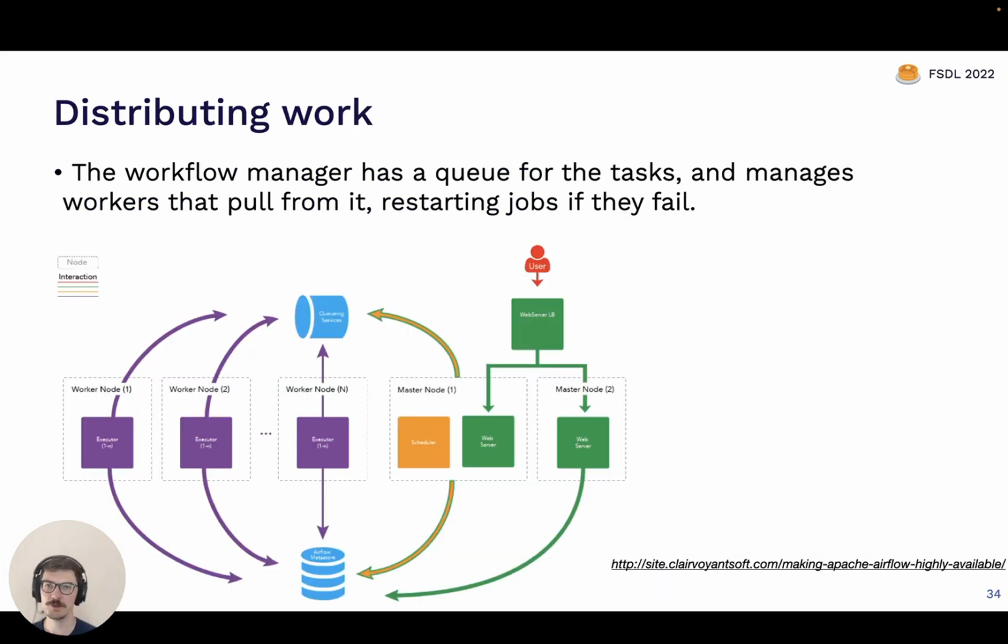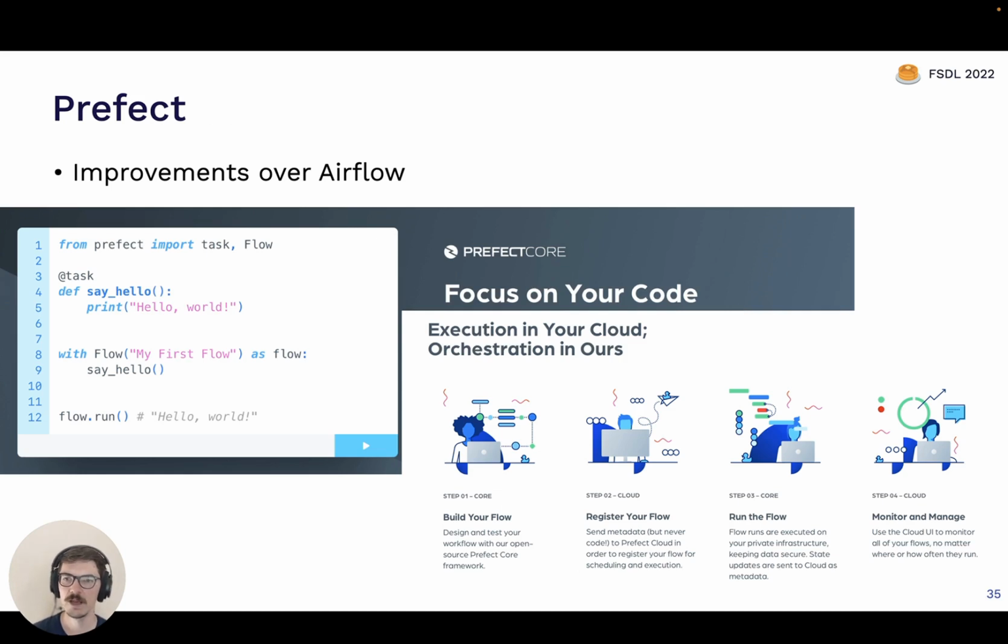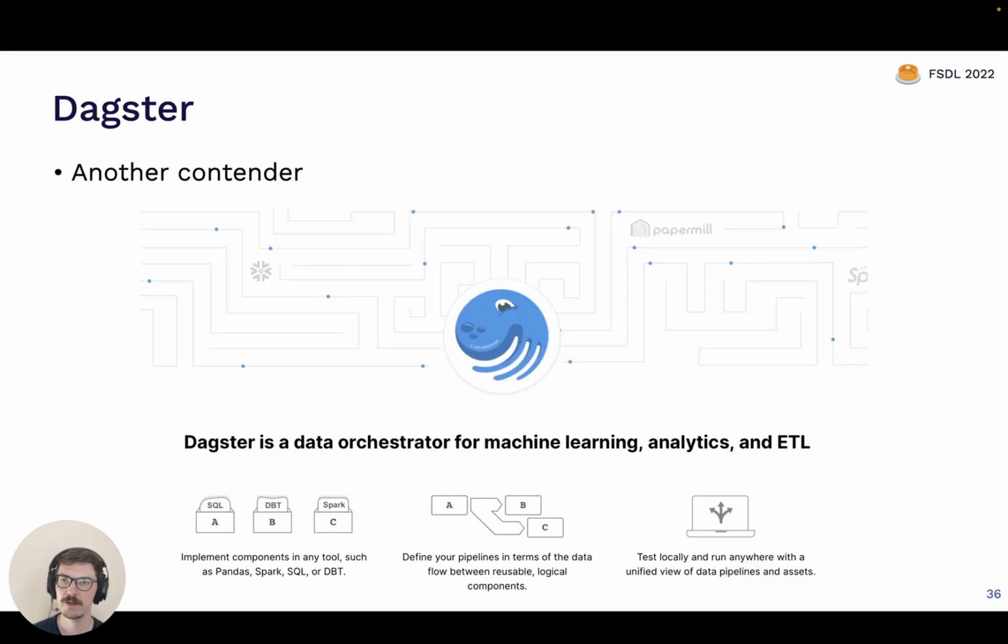And to distribute these jobs, the workflow manager has a queue, has workers that report to it, will restart jobs if they fail, and will ping you when the jobs are done. Prefect is another solution that's meant to improve over Airflow. It's more modern. And Dagster is another contender for the Airflow replacement.